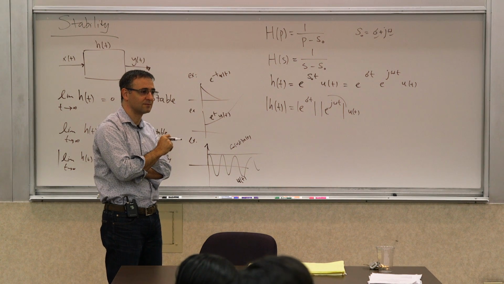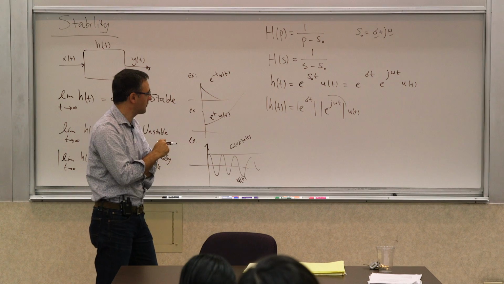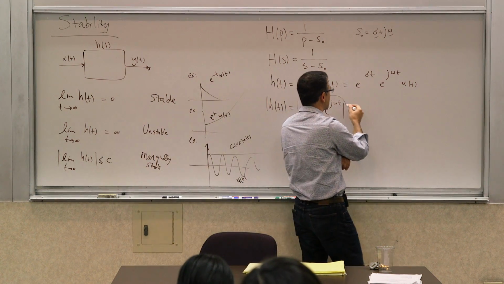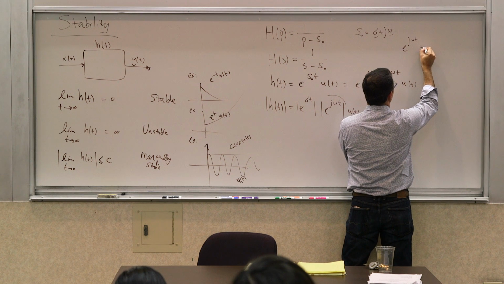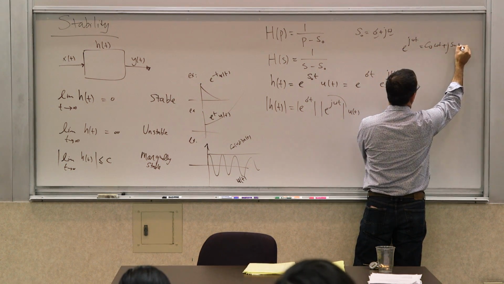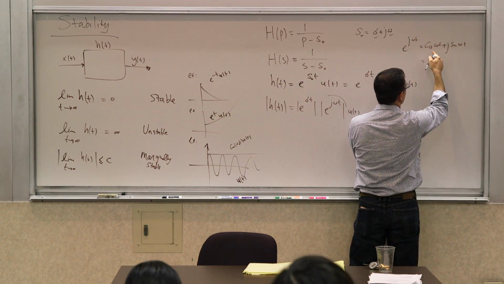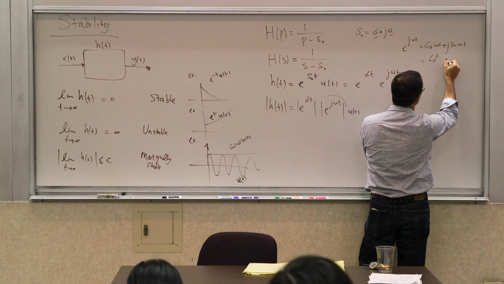It's sine and cosine. Right, you could write it as sine and cosine. That's another way. So you can write e to the j omega t as cosine of omega t plus j sine of omega t. And the magnitude of this thing is this squared plus that squared, right?